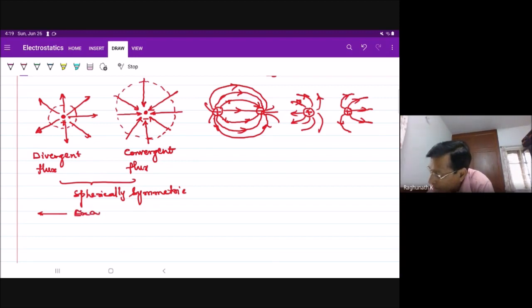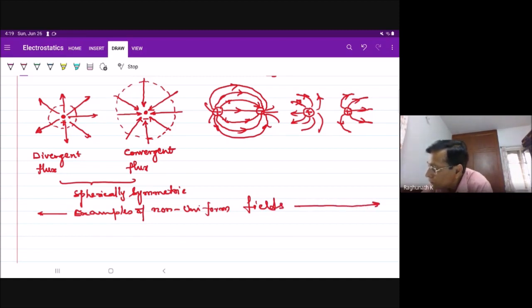Examples of non-uniform fields in general, all in which the field intensity is in general different at two different points. Maybe there are some points where it is in the same direction, in the third case only.